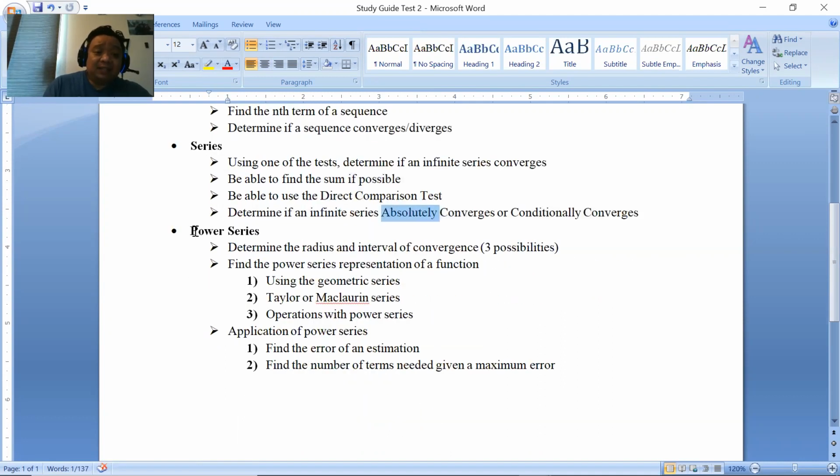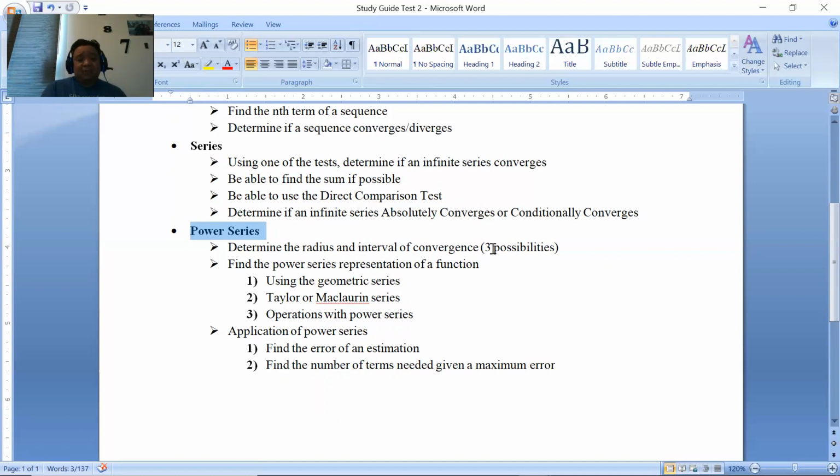Now the remaining sections of chapter 10 are all about your power series. Okay. So the first thing you need to be able to do is find the radius and interval of convergence. So this was, I think, the very first lecture that was done online. Okay, so there are three possibilities. It only converges at the center. It converges everywhere, so from negative infinity to positive infinity, or it converges on a certain interval.